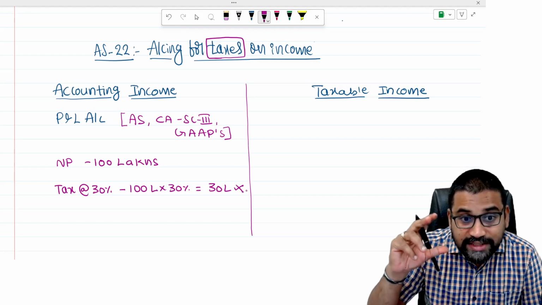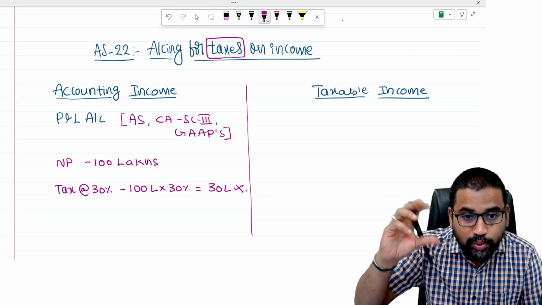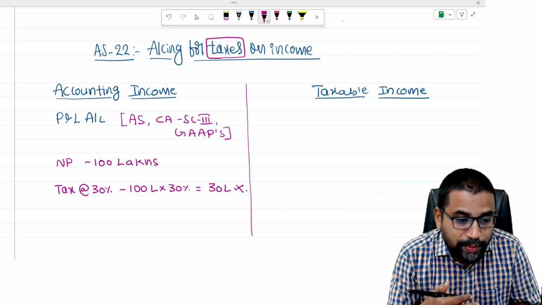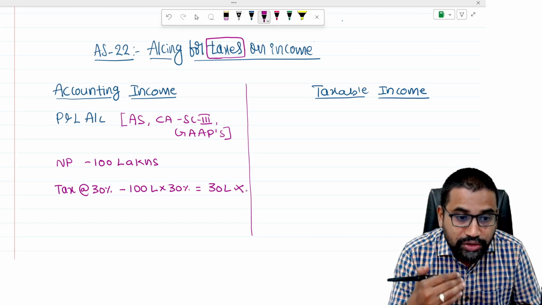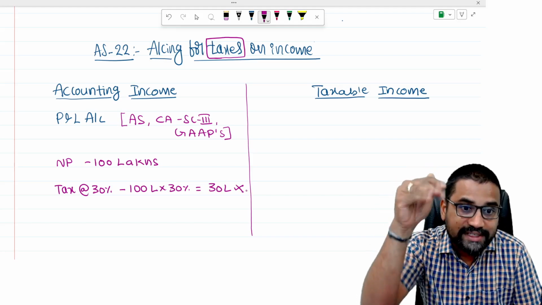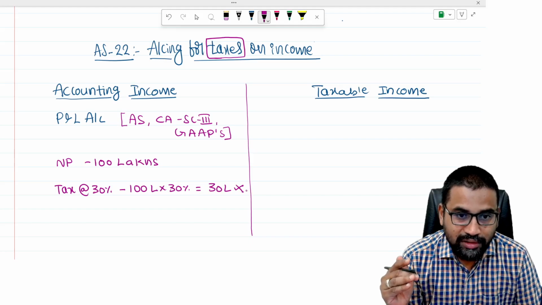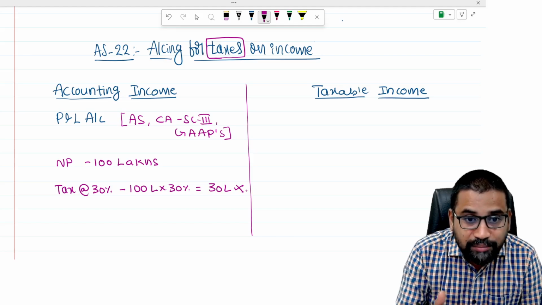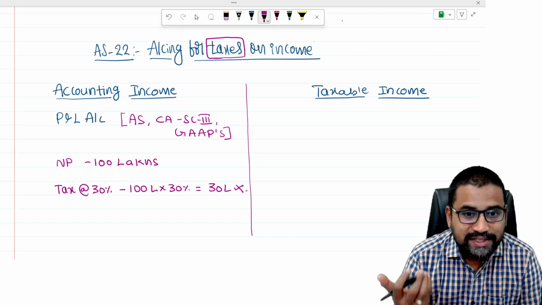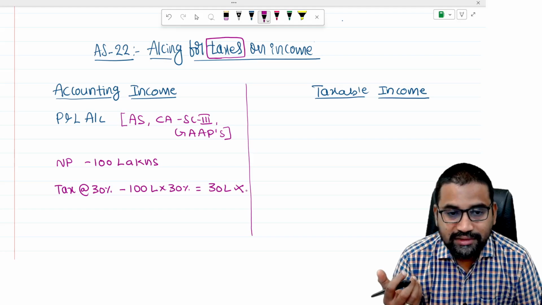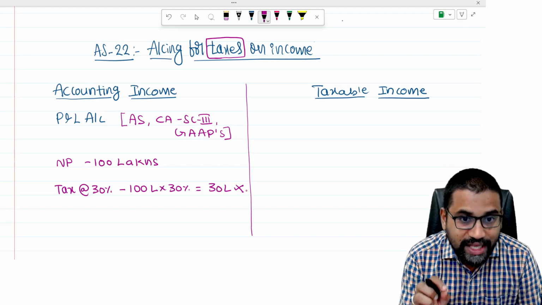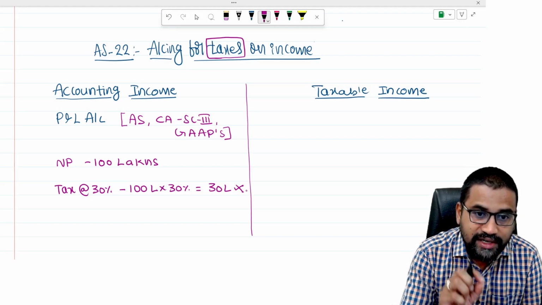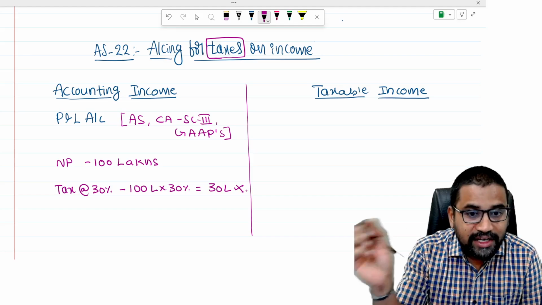The Income Tax Act has its own provisions and rules. Whenever you want to pay tax to the government, you need to follow the provisions of the Income Tax Act. But when you are preparing the profit and loss account, you are following the Companies Act. So there is a difference in provisions between following accounting standards, the Companies Act and the Income Tax Act.